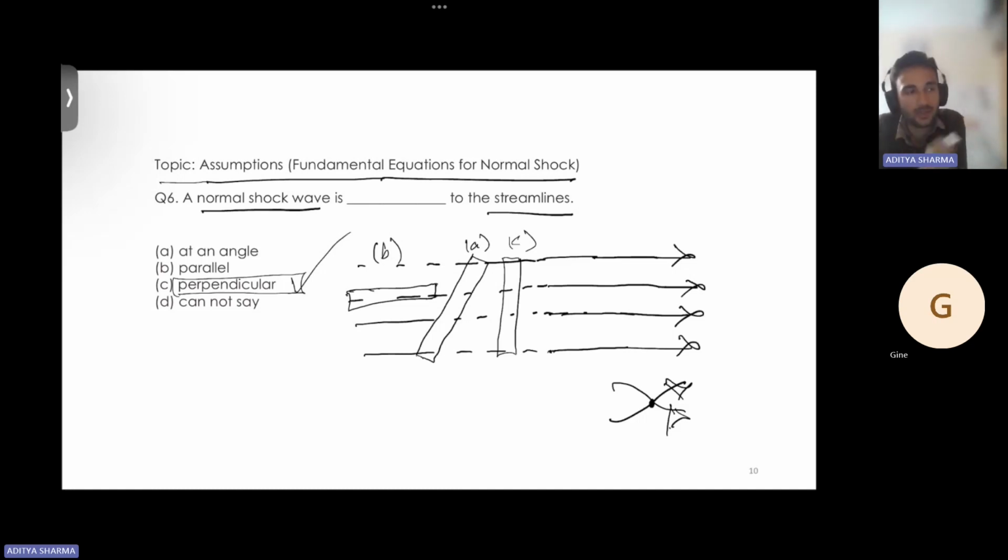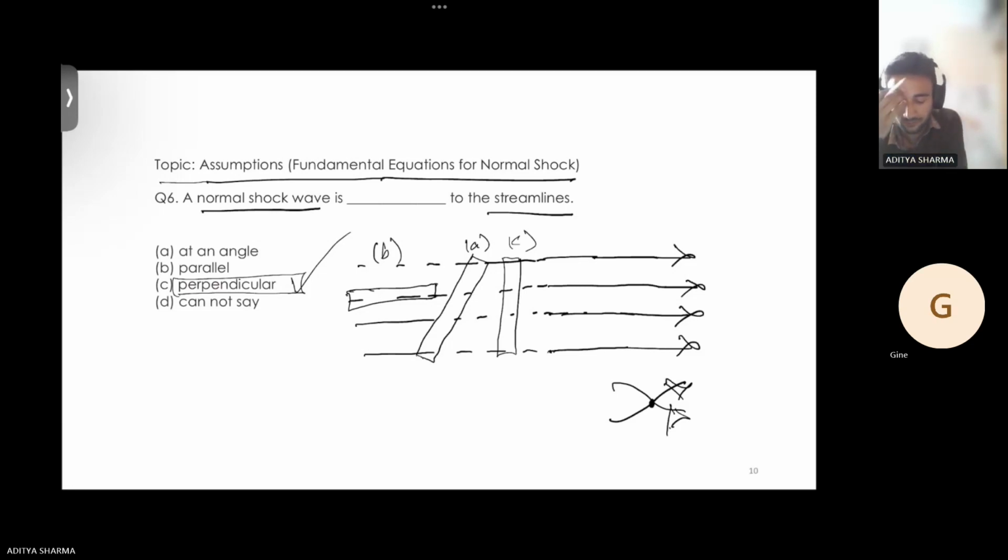So when we are doing the analysis of a normal shock, we keep ourselves confined to that particular stream tube only. All these concepts have been introduced just to proceed to the mathematics of the physics of this phenomenon.